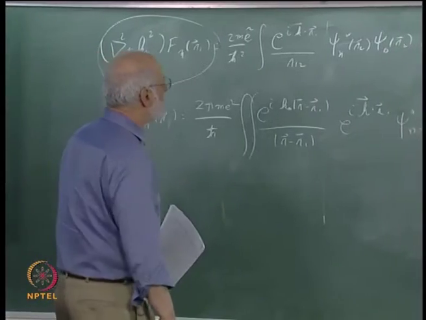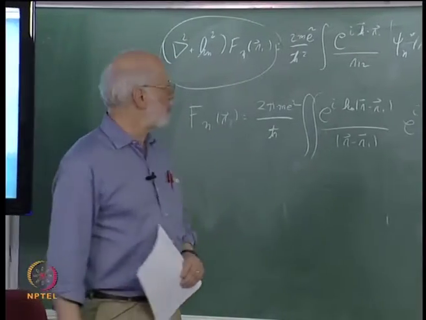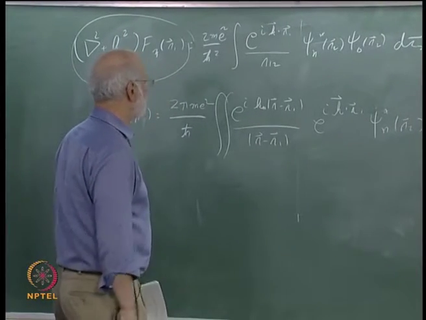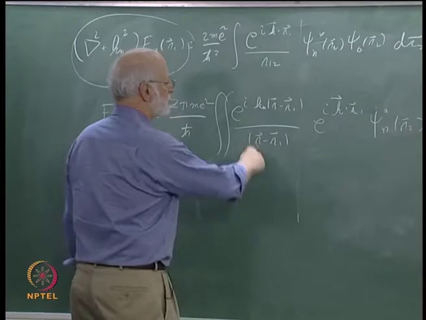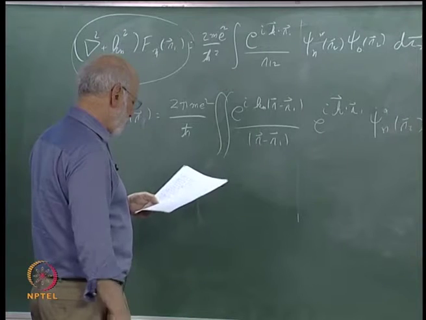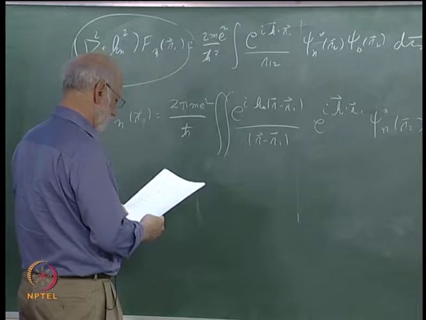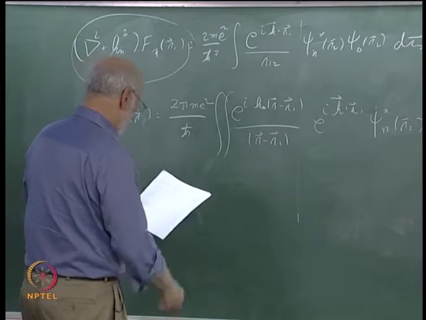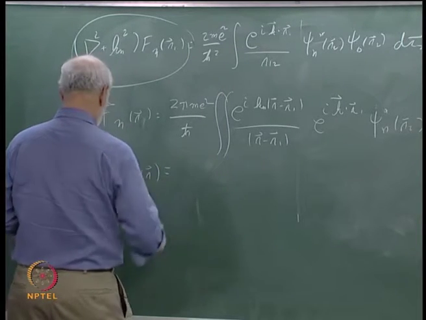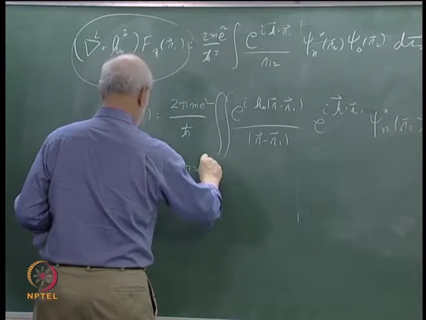Fortunately, I know something about how this works, and I can take the asymptotic form of it. Because for large enough R, R is greater than R1. This just becomes R, and this becomes a little bit more complicated. But when we put it all together, what I get is Fn of R is equal to 2 pi m.